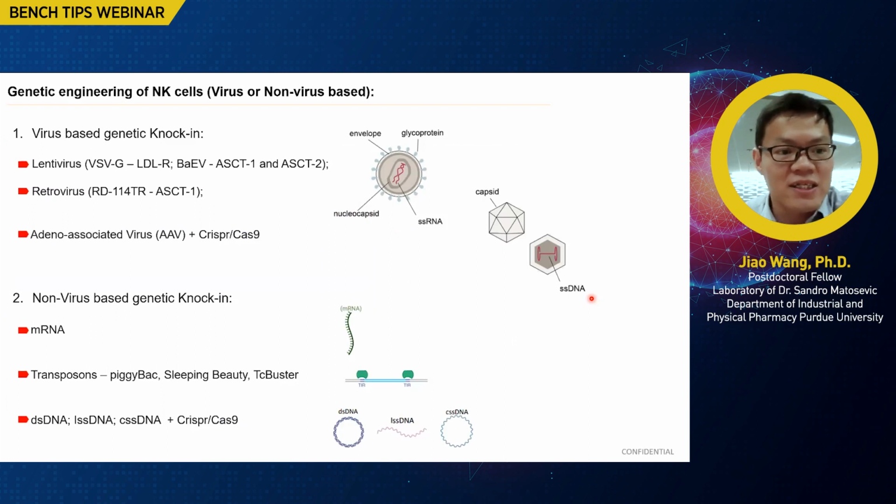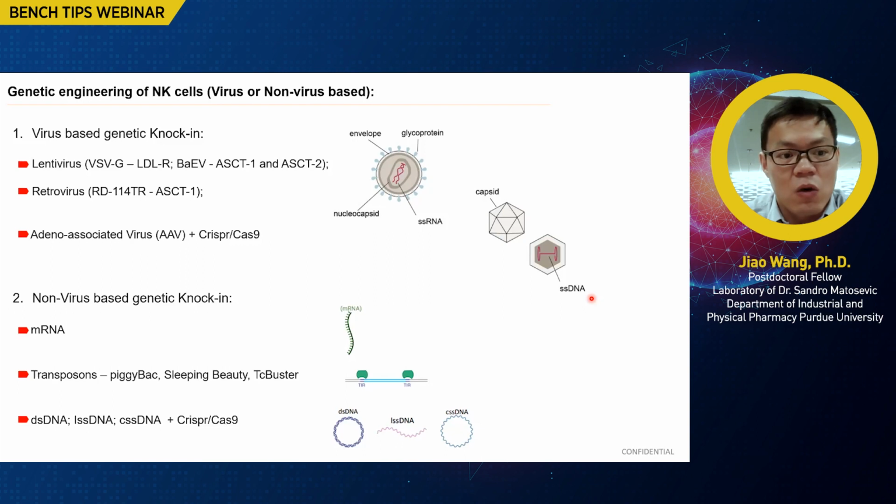Then, regarding genetic engineering, broadly there are two main approaches. One is virus-based, another is non-virus-based. Regarding the viral-based, typically there are two big categories. One is lentivirus or retrovirus with different envelopes.